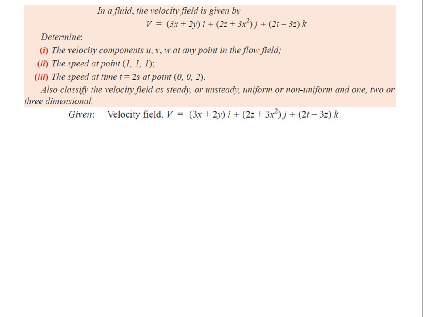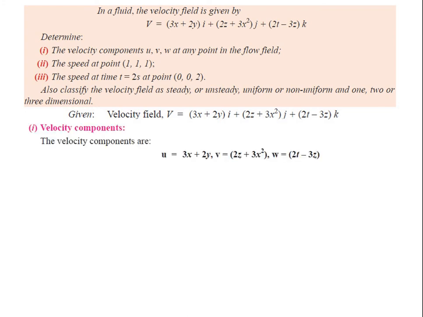Here we have to calculate the velocity components u, v and w for different points and time, and also we have to identify whether the flow is uniform or non-uniform, steady or unsteady, and whether it is one-dimensional, two-dimensional or three-dimensional.